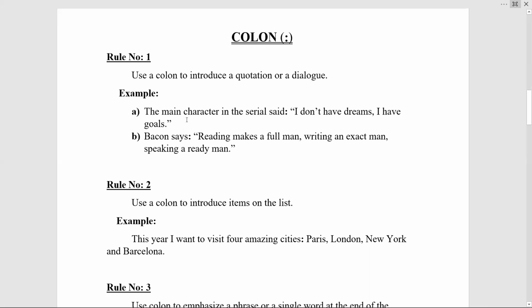For example, the main character in the serial said: "I don't have dreams, I have goals." Before writing the dialogue of the character, the writer has put a colon. Another example: Bacon says: "Reading makes a full man, writing an exact man, speaking a ready man." Before quoting the words of Bacon, the writer has put the colon.